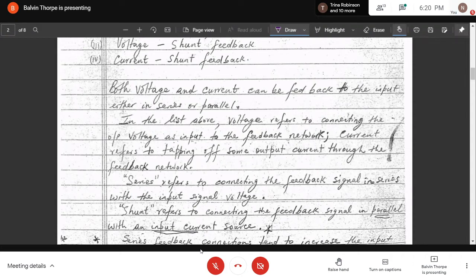And if we connect the current from the feedback network in parallel to the input signal, then it becomes a current shunt network.